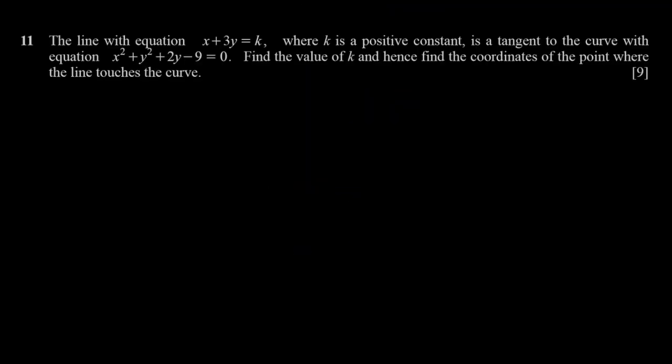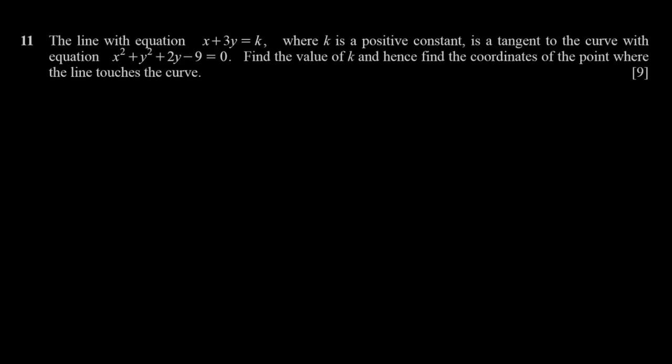Okay, so here we are in question 11. We've got a line, x plus 3y equals k, that is tangent to the curve with this equation here. I want to find the value of k and hence the coordinates of the point where the line touches the curve. Right, now, what we're going to be doing is solving simultaneous equations. So we're going to solve these two equations simultaneously, and we're going to end up with a quadratic.